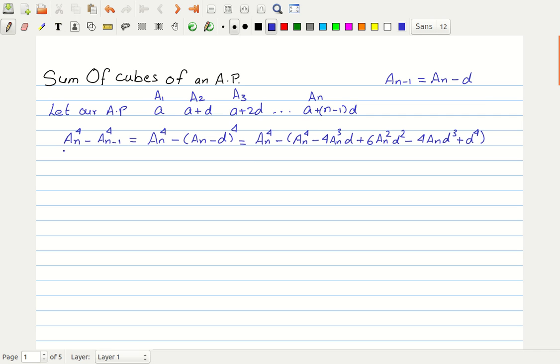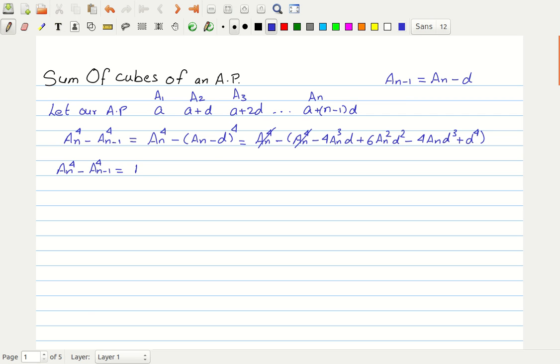So now we can see that I have written a n to the power 4 minus a n minus 1 to the power 4 all in terms of a n and d, right? So I know that a n to the power 4 minus a n minus 1 to the power 4 is equal to this, a n and this a n will cancel. This will be plus, right? Negative and negative is plus.